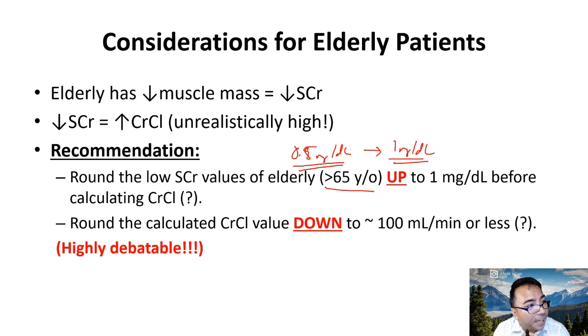So, class, in our case, if I give a quiz, I will tell you if you need to round up the serum creatinine of our patient. But again, normally we just stick with the given serum creatinine. That's the safest thing to do. Because the thing with rounding up serum creatinine is it can lead to an underestimation of aminoglycoside dosing.